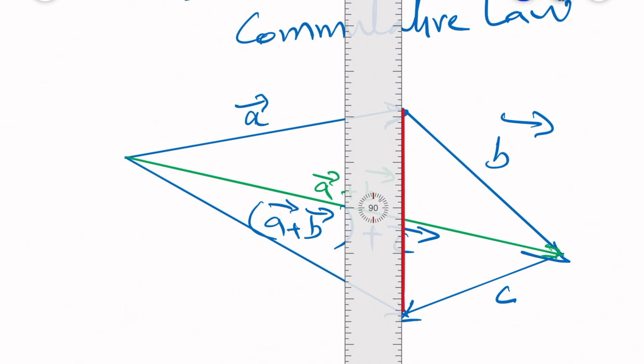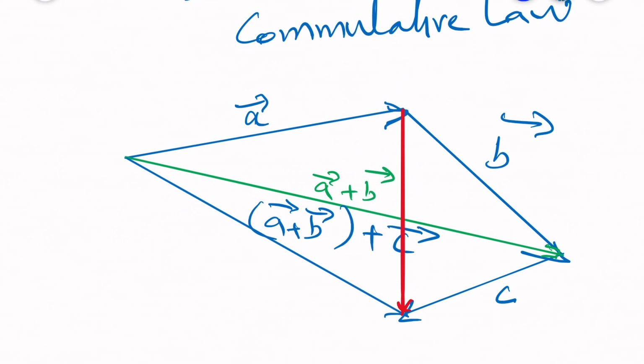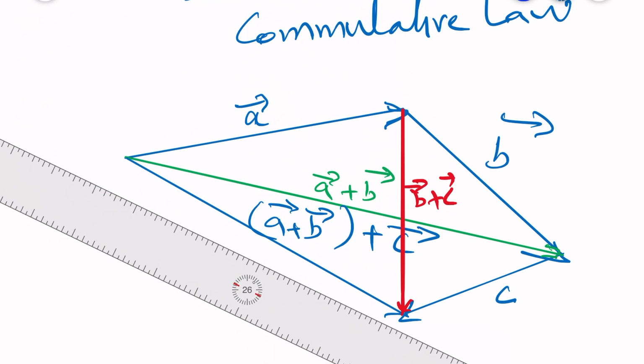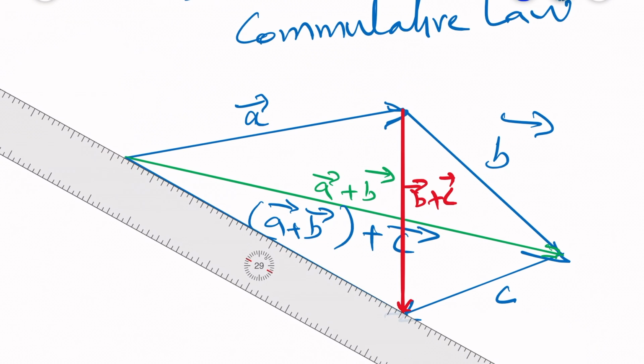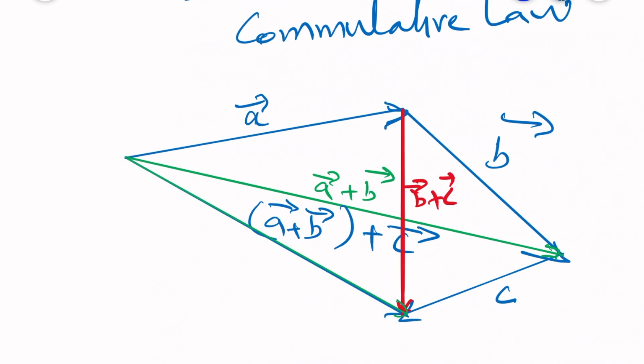So this becomes B plus C. Now we take B plus C and add it to our A. A and B plus C are head to tail, so we can add them, and that is nothing but this vector again. So this becomes A plus B plus C.